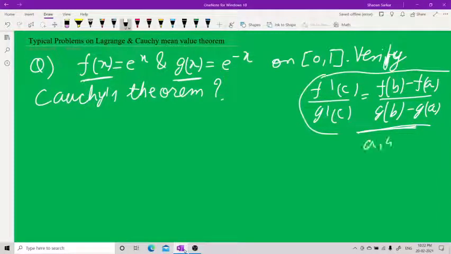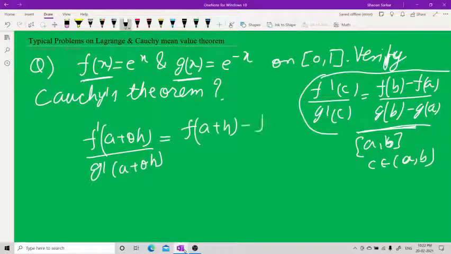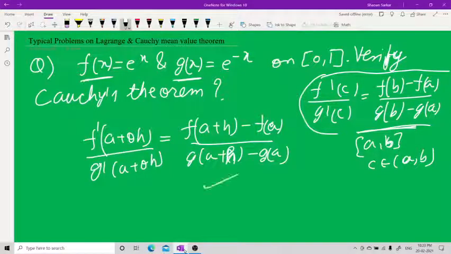For any open interval (a, b), with the function continuous on the closed interval [a, b], c belongs to the open interval (a, b). And this one also: f'(a plus theta h) upon g'(a plus theta h) is equal to f(a plus h) minus f(a) upon g(a plus h) minus g(a).